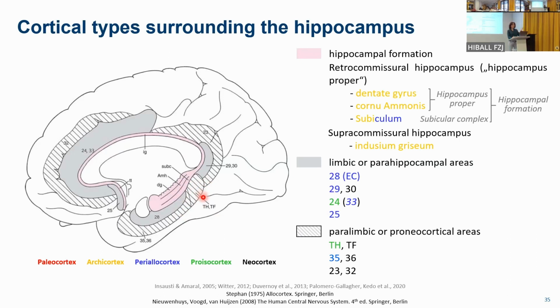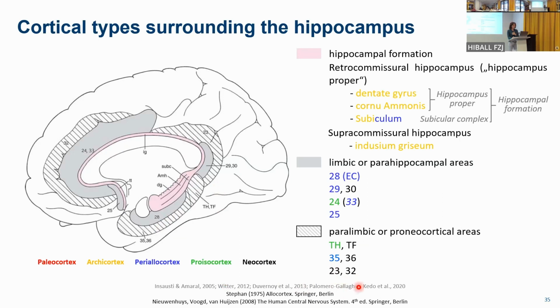Nieuwenhuis is mixing nomenclatures, because these numbers are nomenclature used by Brodmann, and the areas TH and TF are used by von Economo and Koskinas, and are names more commonly used nowadays in monkey literature than in human literature. But here we've got area TH, which is in direct contact with the hippocampus, and that is pro-isocortex. And we've got area 35, which is periallocortex.